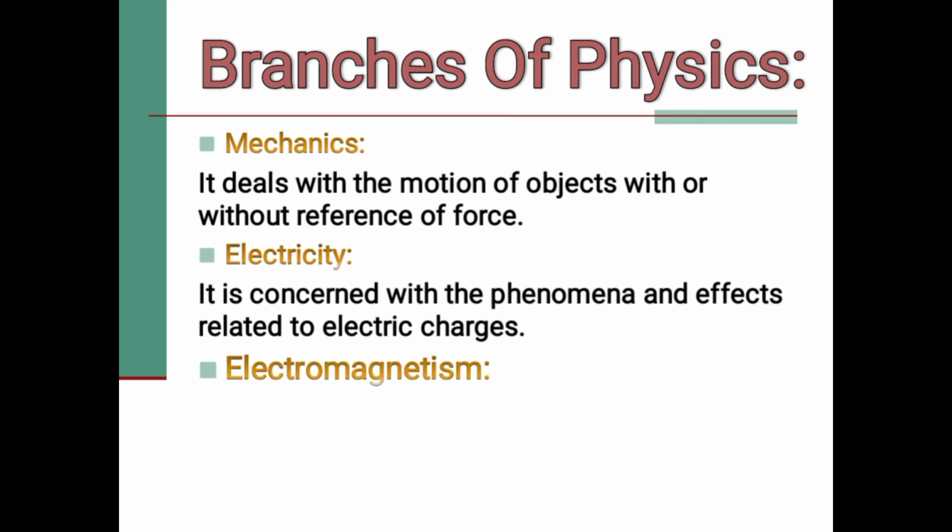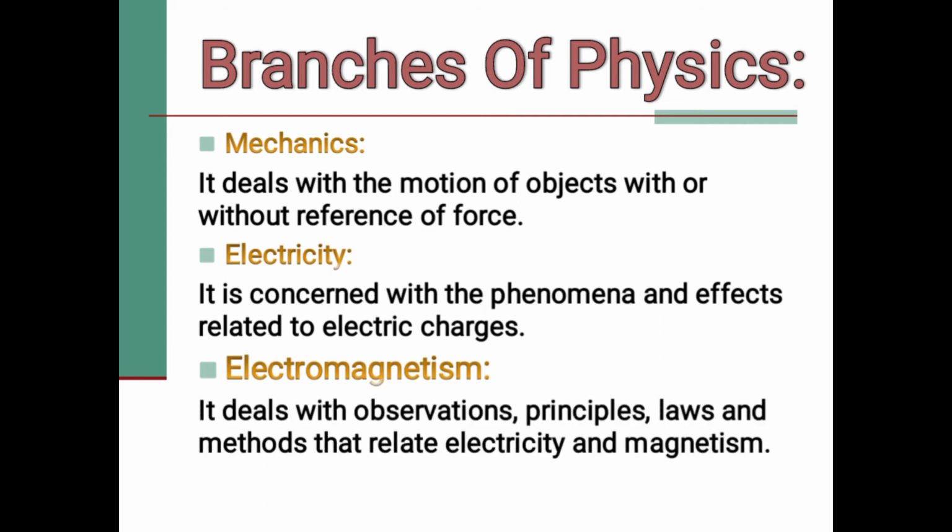Next is electromagnetism. As the name indicates, electromagnetism means production of magnetism with the help of electricity, especially electrons. This branch deals with the observations, principles, laws and methods that relate electricity and magnetism.